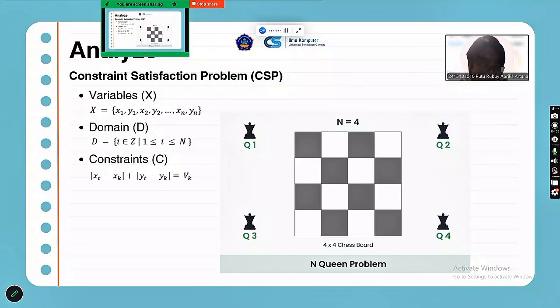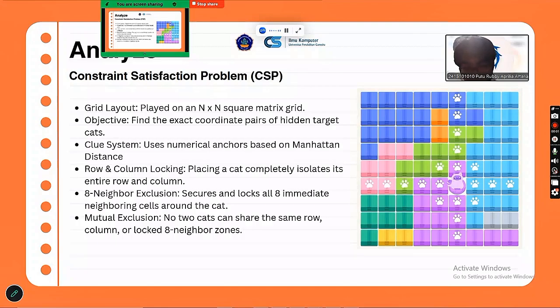cannot conflict. I found a game named Where's My Cat. This game is just like the queens problem. In this game, for the grid layout, you play on an n times n square matrix grid, and the objective is to find the exact coordinate pairs of hidden target cats.